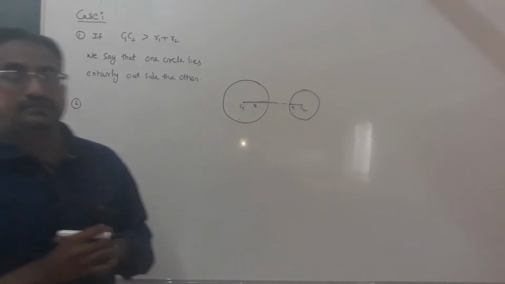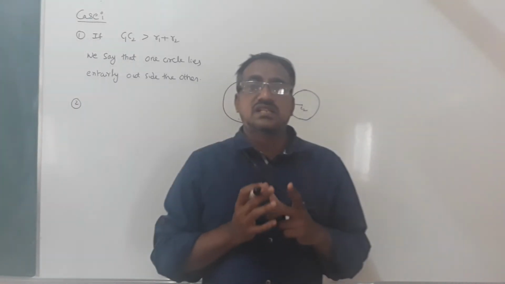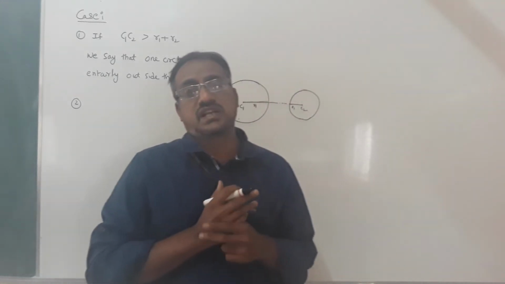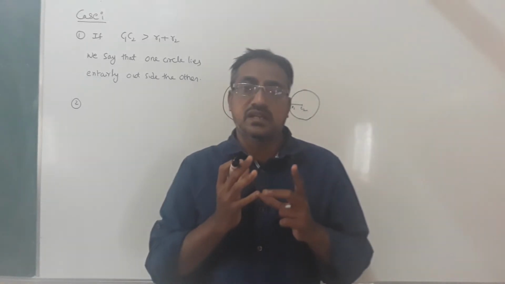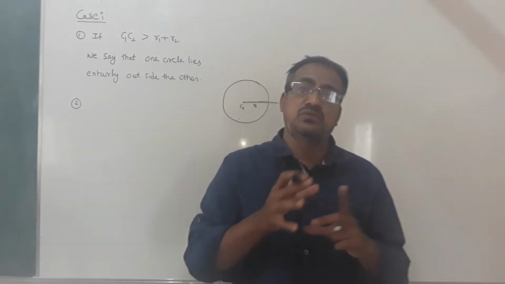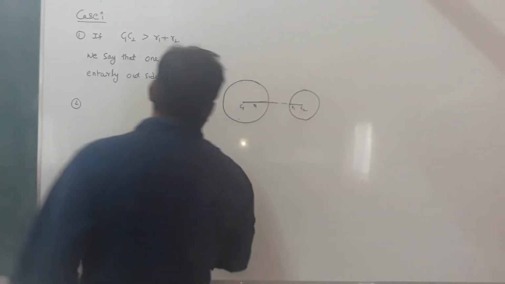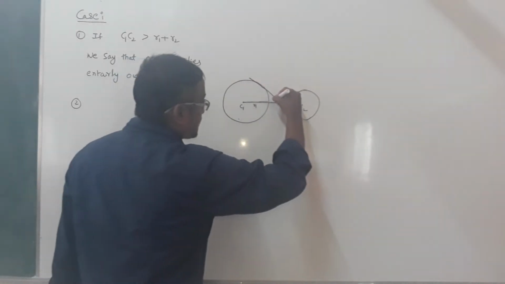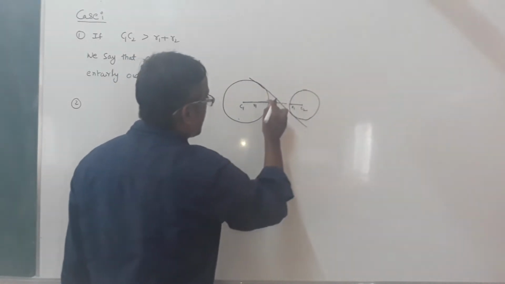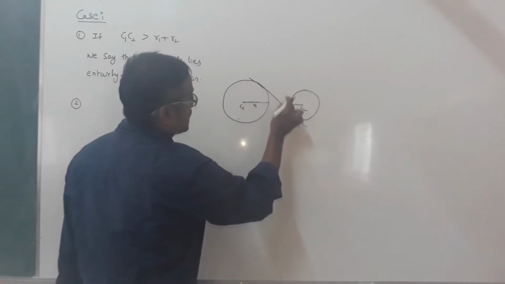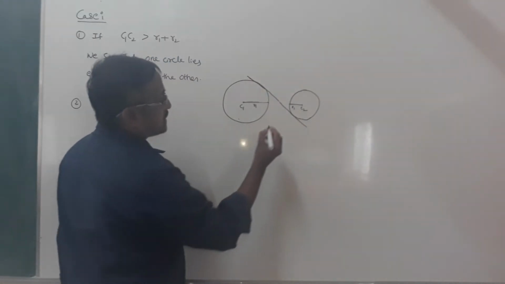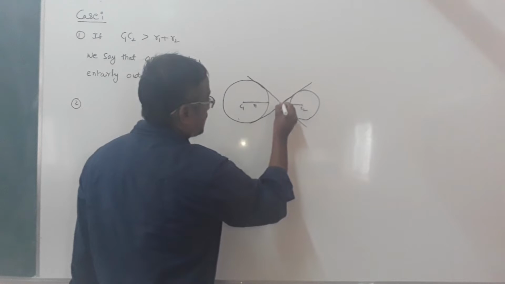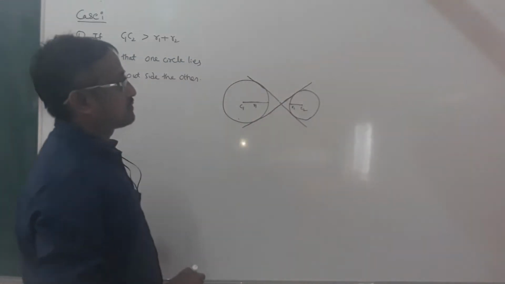Now, second point. Let us think about the common tangents that can be drawn to these circles. A common tangent is a line which is tangent to both the circles. You can see this is a common tangent since this line touches both the circles. Now this is another common tangent. This line also touches both the circles.